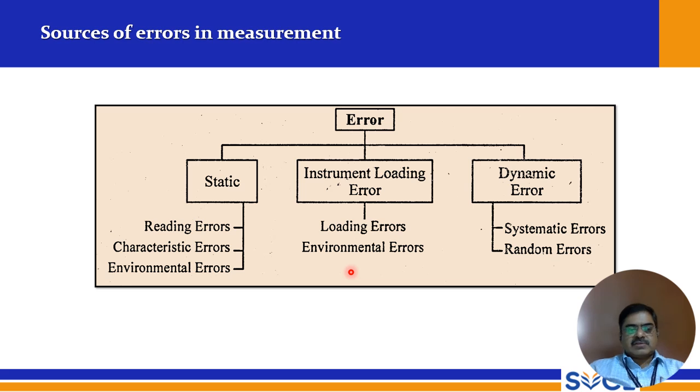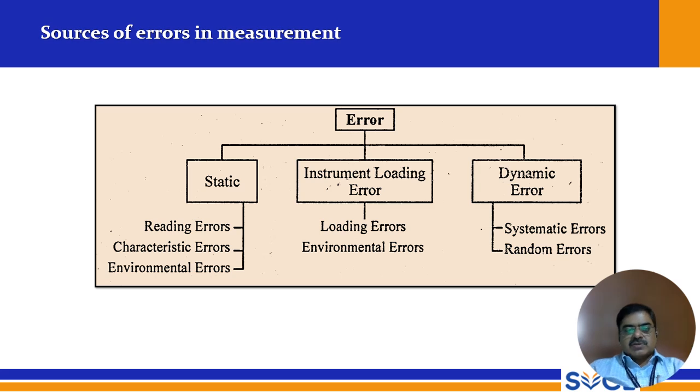Errors can be grouped like this: static error, instrument loading error, dynamic error. We'll see further classification of errors. Under static errors, we have reading errors, characteristic error, environmental errors. Under instrument loading error, we have loading errors, environmental errors. Under dynamic, systematic errors and random errors.